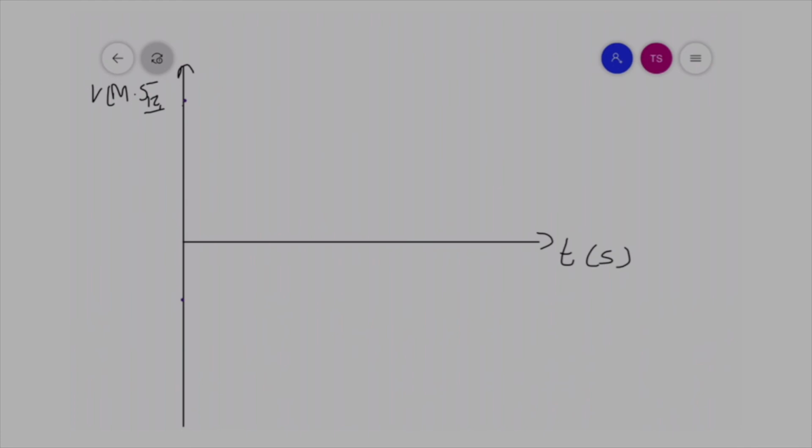It's thrown up, and then it's going to start going down. And then stone B starts from being thrown straight down, which is 5.9, right?